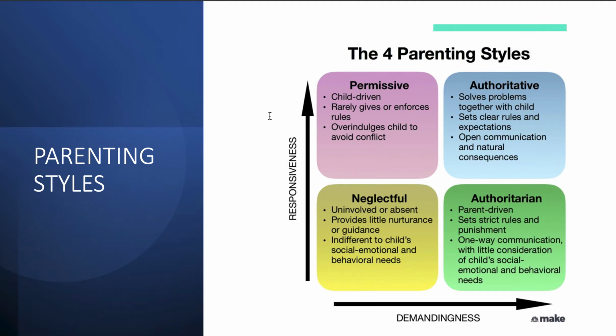These are the kinds of parenting styles. One of the questions was asking about that. The best one of them is authoritative, because it helps children to grow properly: solve problems together with the child, set clear goals and expectations, open communication and natural consequences, etc. Just the opposite of that is authoritarian.